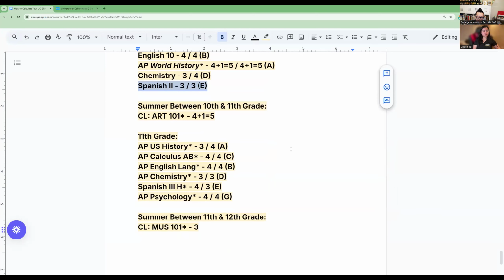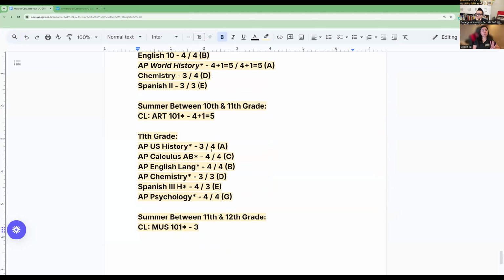All right, Coach, 11th grade. Got it. 11th grade, it looks like we have one, two, three, four, 5 AP classes. However, based on the rule that we had previously, 10th and 11th grade added together is equal to no more than 8 honor points.